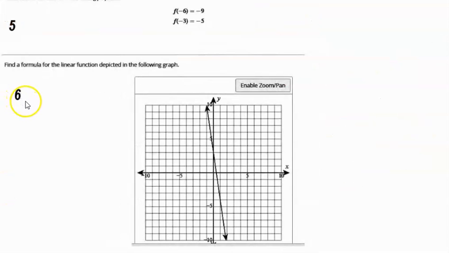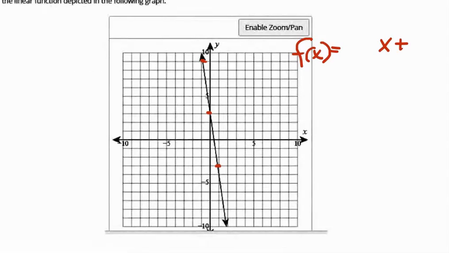For number 6, we're asked to look at this graph carefully and find the function of it, that is, to find the equation of this line. I've made it a little bigger so you could see it properly. I started the function form here. What can we fill in?